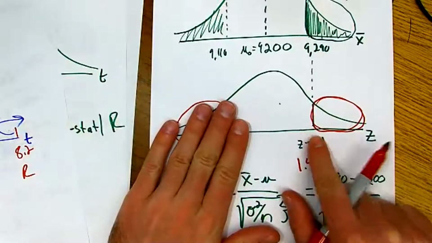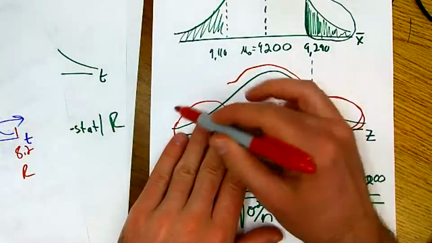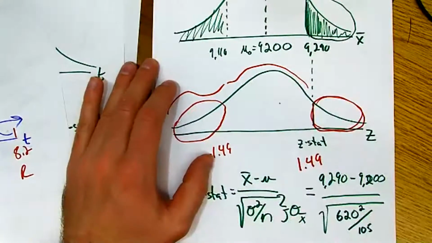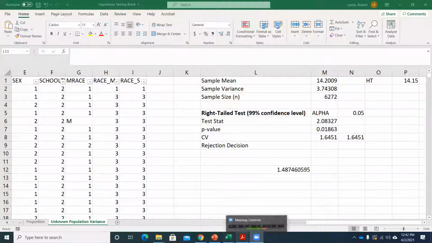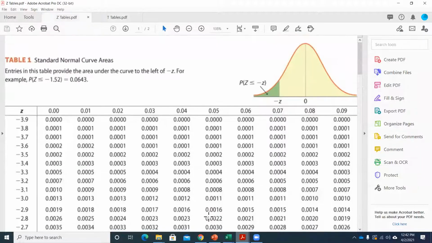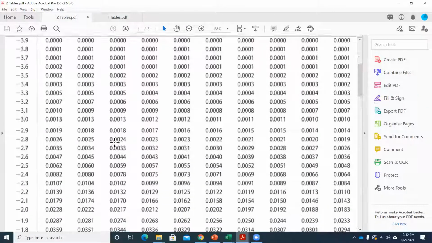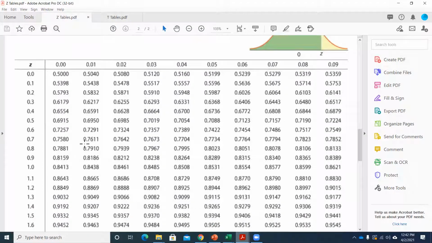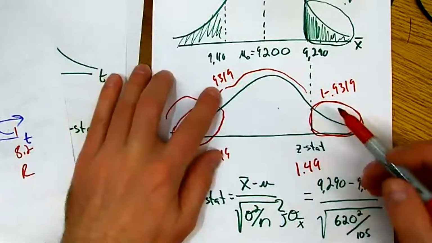Or I can look up 1.49, but the table is going to tell me the area to the left. So if I look up 1.49 on my z tables, I go down here, keep going, 1.49, 0.9319. 0.9319 was the area to the left.